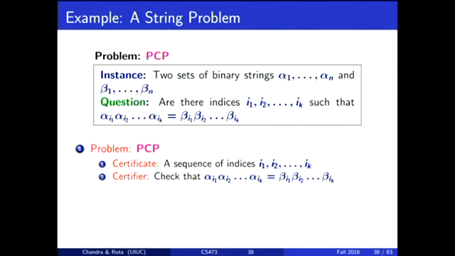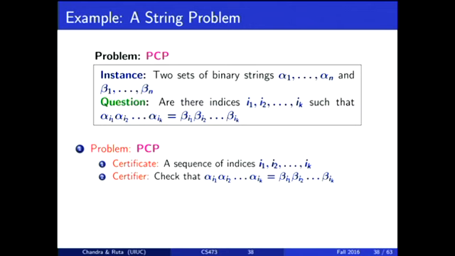I wish I had a good example, but in the interest of time, I won't do this. So what does this mean? Is the problem clear? I take alpha 1, alpha 2, up to alpha n, and beta 1 up to beta n. There are two sets of strings. I want to jumble them up in any order, so that when I concatenate them, I get equal strings, with the additional constraint of the following.